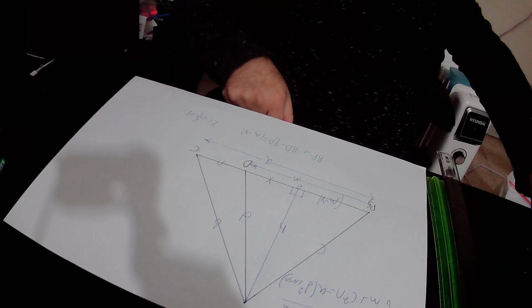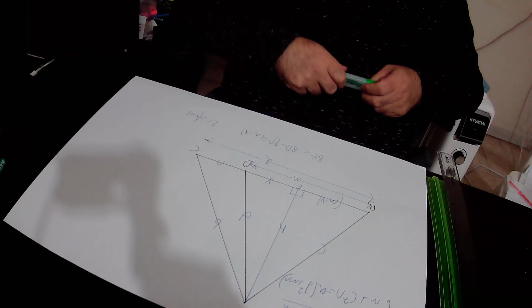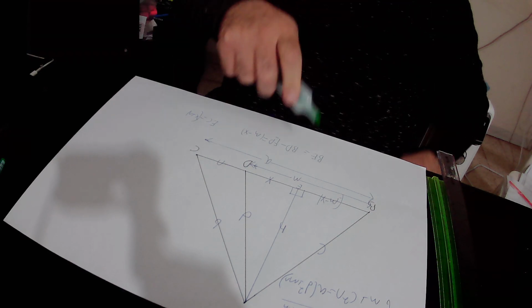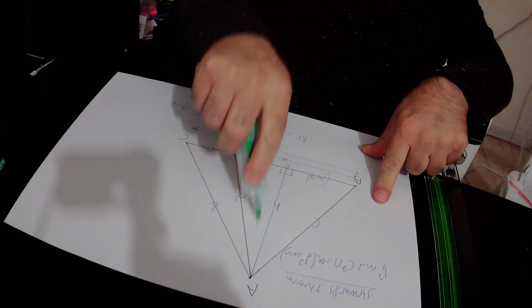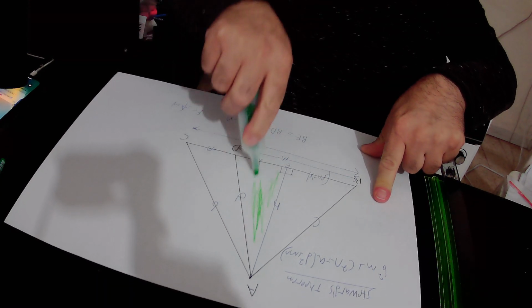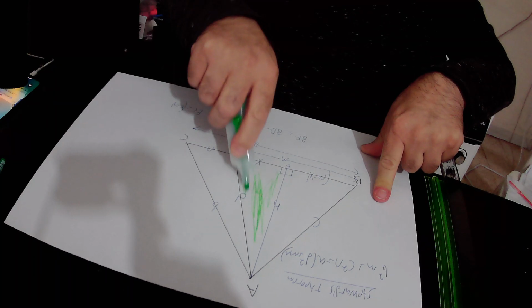In the next step, we'll implement the Pythagoras theorem on the green triangle AED.